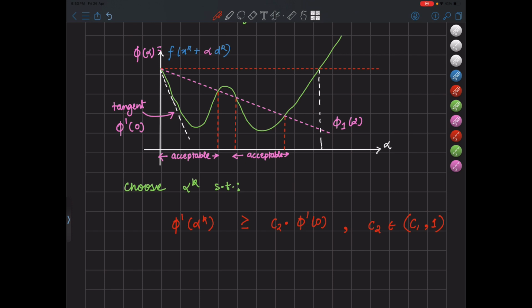So what this ensures is, let's say this is the slope, then at whichever point we have the same slope, let me just draw it clearly.